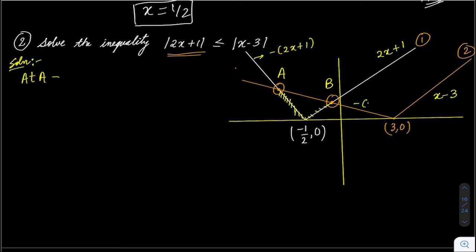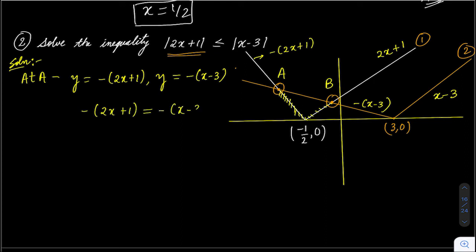And this is minus of x minus 3. So actually at A, we have y equal to minus of 2x plus 1 and y equal to negative of x minus 3. So let's equate them. So minus of 2x plus 1 equals minus of x minus 3. So this gets cancelled. So this is x equal to minus 4.